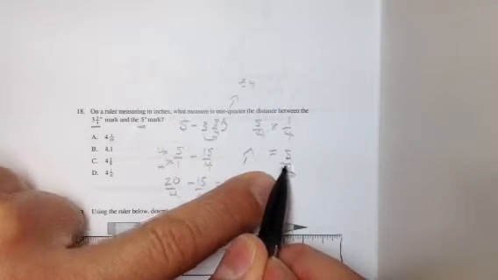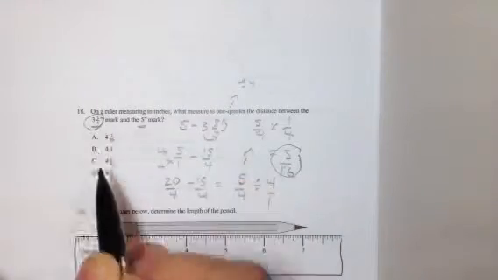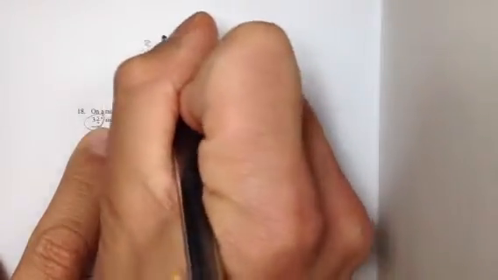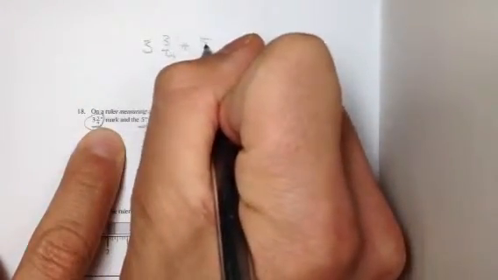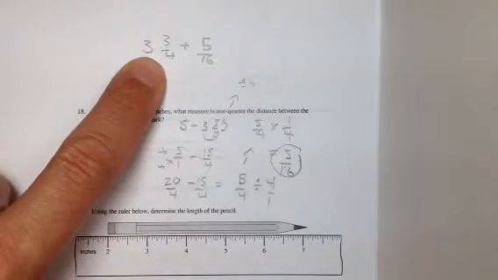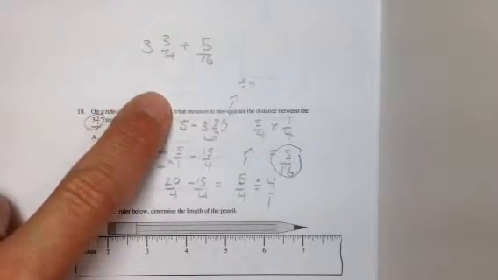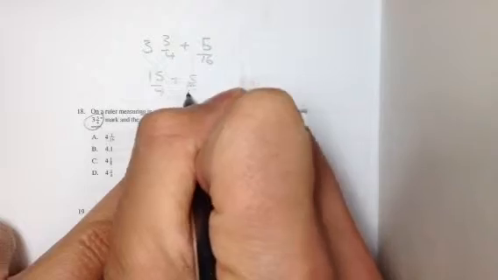And then the last step that you got to do is take this and add it to the starting mark, which is 3 3/4. So this is where this question is quite an involved question with fractions. So now I've got to add 5 over 16. Again, mixed fraction, 3 times 4 is 12, add the 3 is 15 over 4, add 5 over 16.